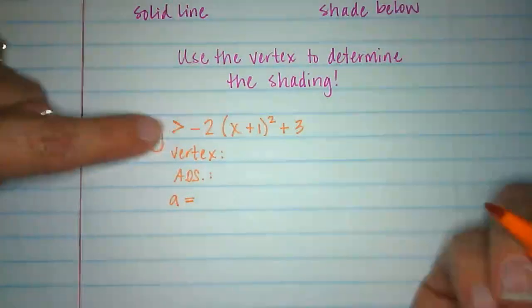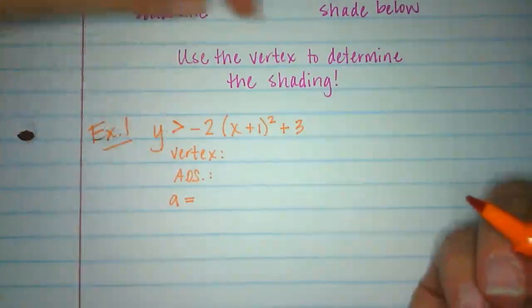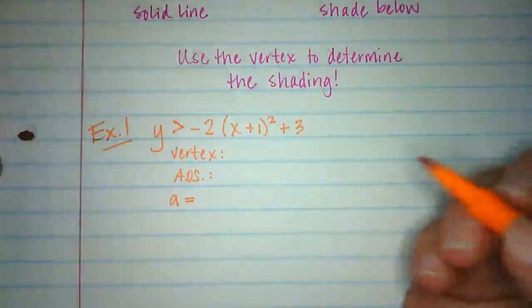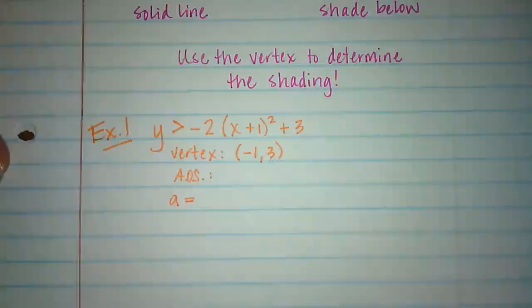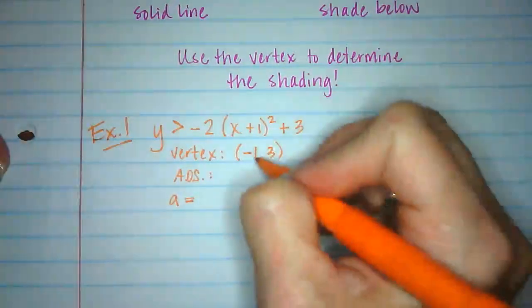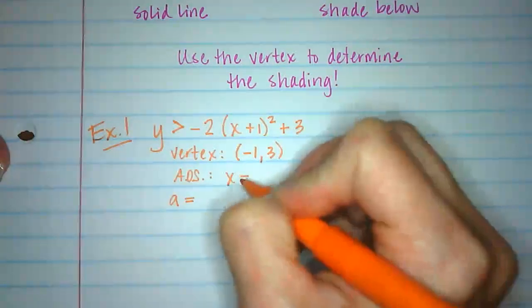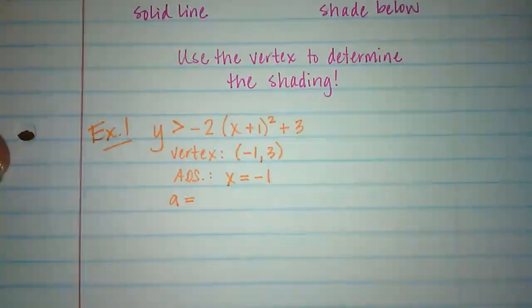This one is in vertex form. So since we're in vertex form, we can look right here to get our vertex, which is (-1, 3). Since our vertex is located where x is -1, that is our axis of symmetry, which again is that imaginary line that goes through the vertex. That's our fold line.